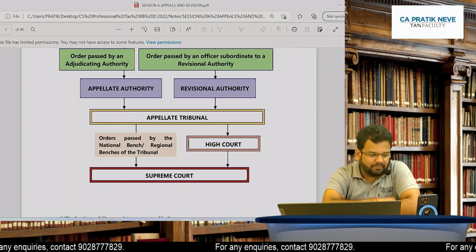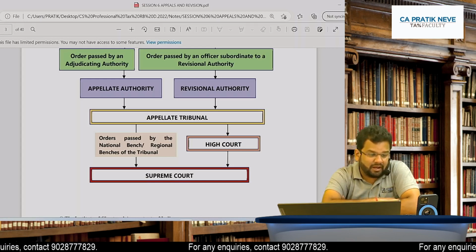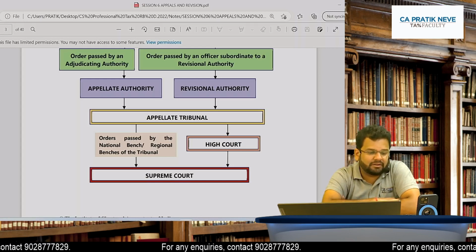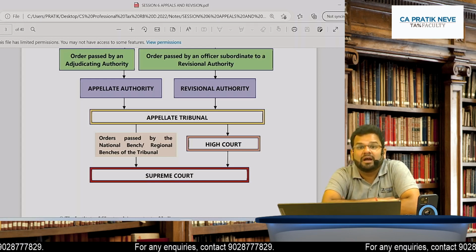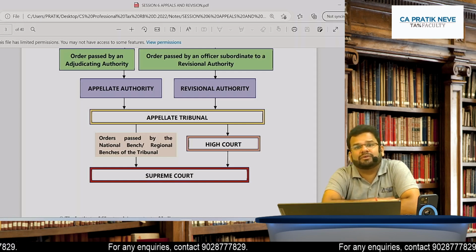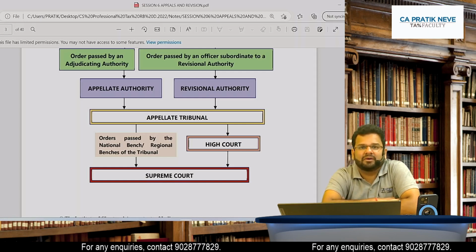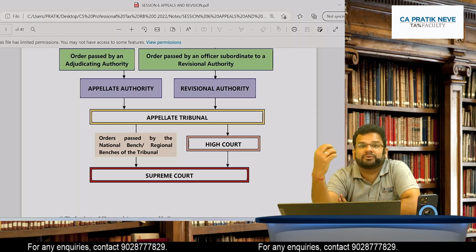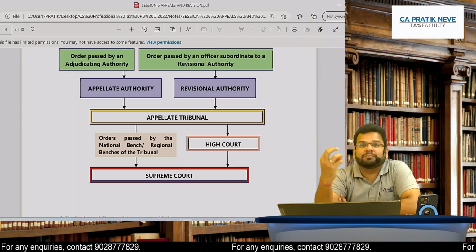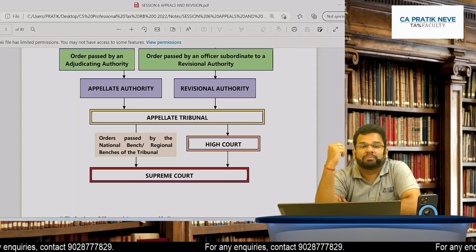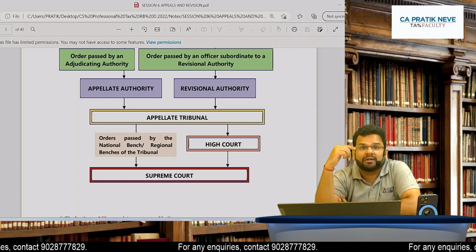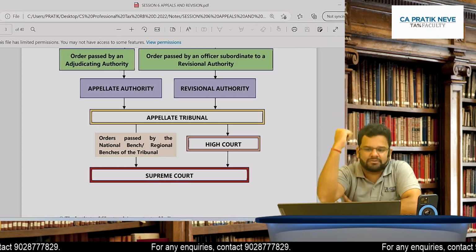Very good. What is the difference between appellate authority and appellate tribunal? Very good question. The appellate authority will be an officer under GST. But the appellate tribunal will consist of particular persons. So the appellate tribunal will be in the hierarchy above the appellate authority.